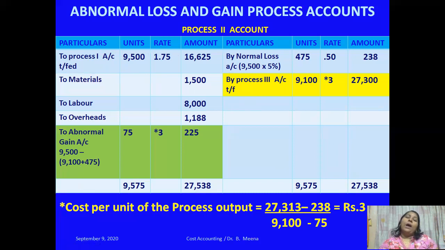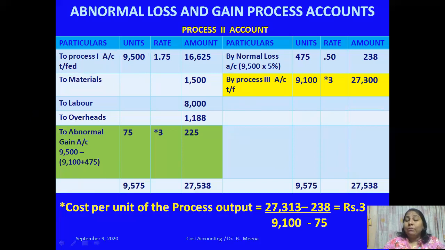So what is my abnormal gain? 75. Why am I terming it abnormal gain? Because the input I gave, 9,500, is lesser than the output I'm getting. 9,500 is my input, but I'm getting 9,575 as the total along with the loss as well as process 2 output. So what is my abnormal gain? Look at this calculation I showed.